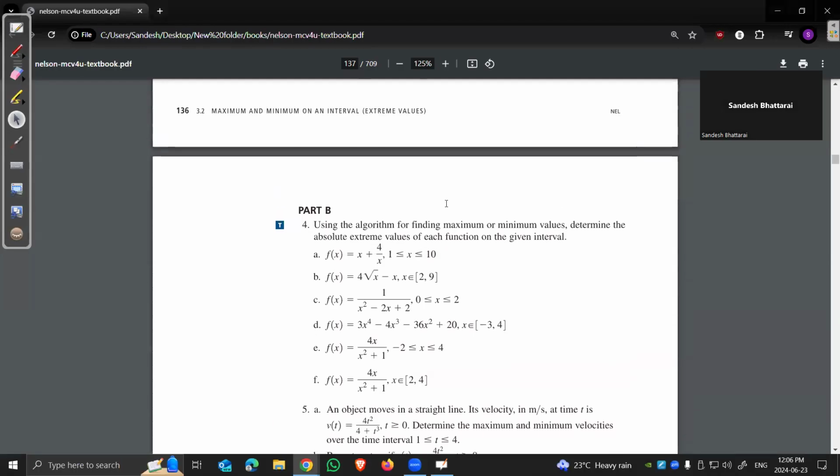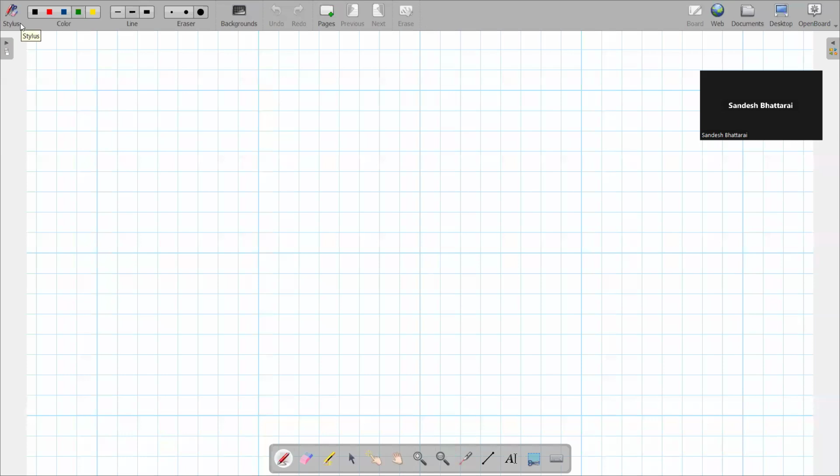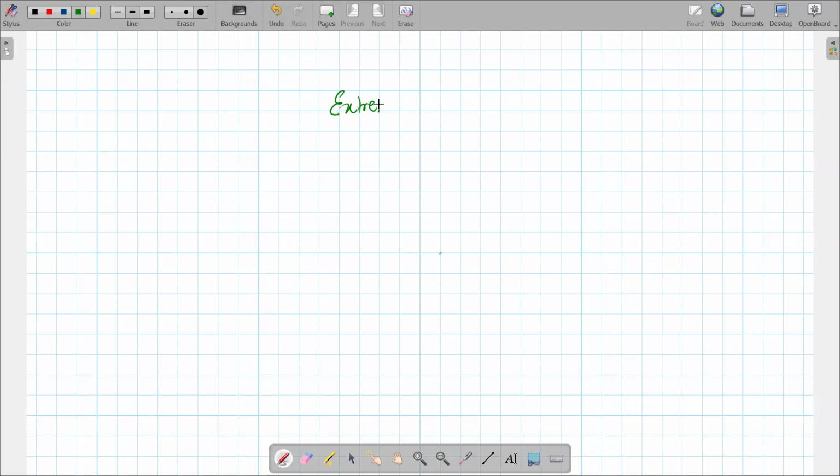Okay, yesterday we were working on finding some extreme values. Extreme values, also called extrema, of a function are pretty straightforward.